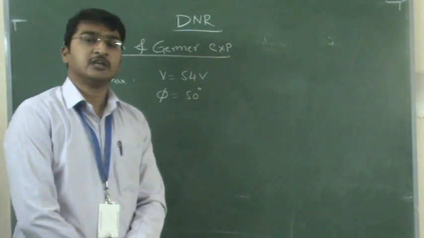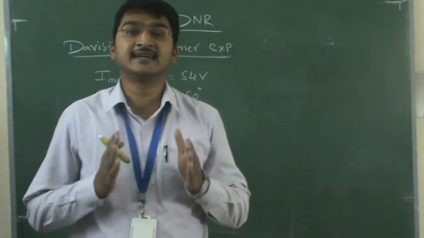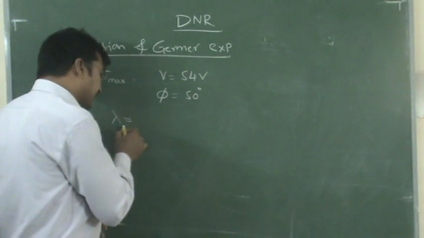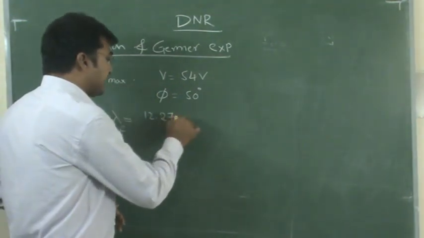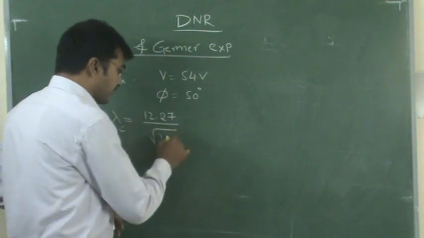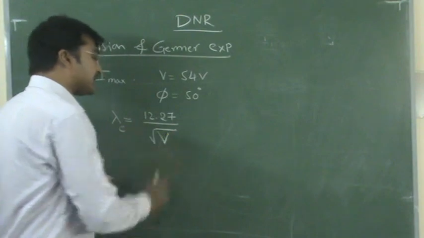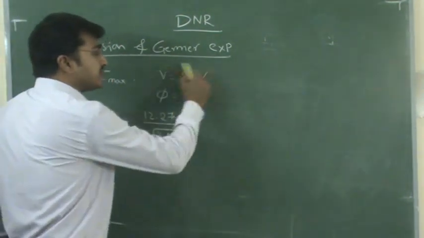wavelength. In the last class we discussed the wavelength of electrons: lambda E is equal to 12.27 divided by root V. If you see the previous notes, you will know this. So this is the wavelength of electrons. Here we are using electrons, and the operating voltage is 54 volts.